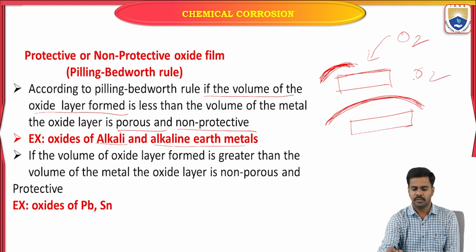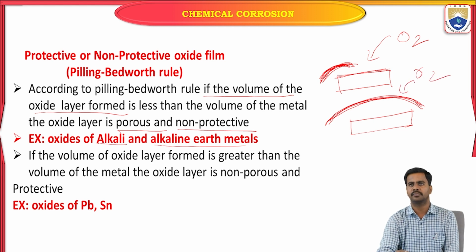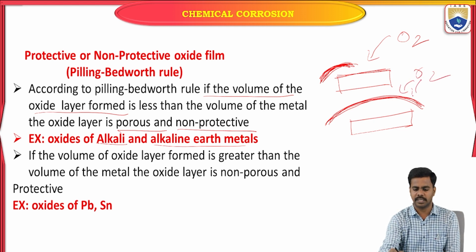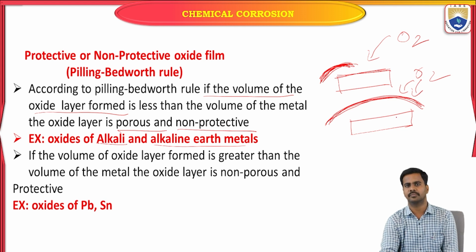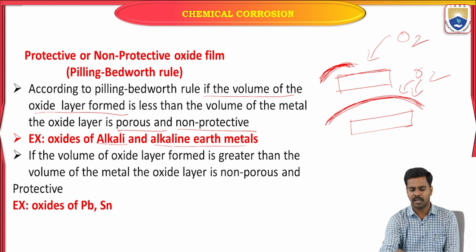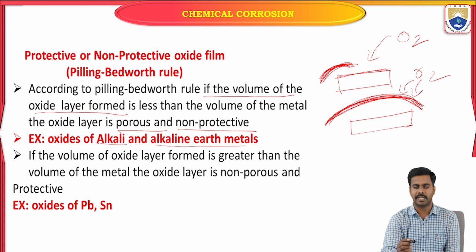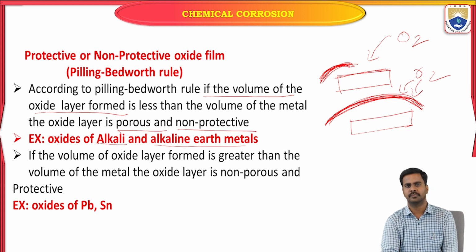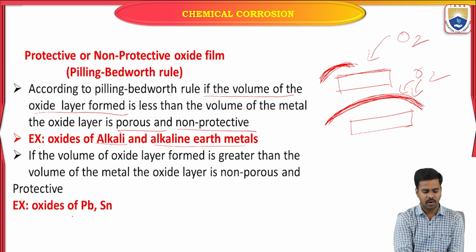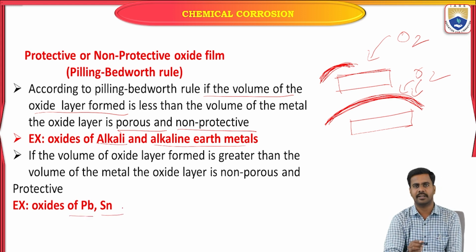So there is no chance of further attack of oxygen on the surface of the metal, because the metal oxide layer is non-porous. So this type of metal oxide layer is known as protective. An example of a protective metal oxide layer is oxides of tin and lead.